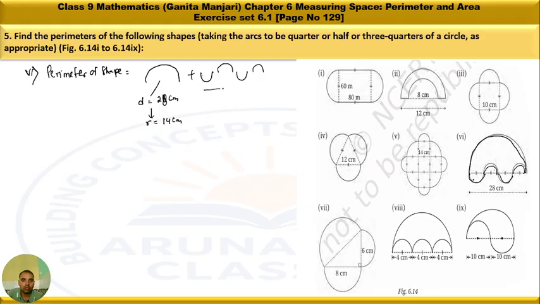This complete diameter of 28 centimeter is divided into four parts: first part, second part, third part and fourth part. So I just have to divide 28 by 4. 2 fours are 8, 2 ones are 2, 2 sevens are 14, so I get 7 centimeter.